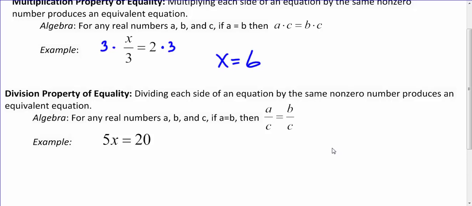So if you divide both sides of an equation by the same number, it's still true. Again, the reason we would want to do this is to isolate a variable, so I'll do that on this example. I'm going to divide both sides by 5, and you would see 5x divided by 5 is x, 20 divided by 5 is 4, and that's your solution.